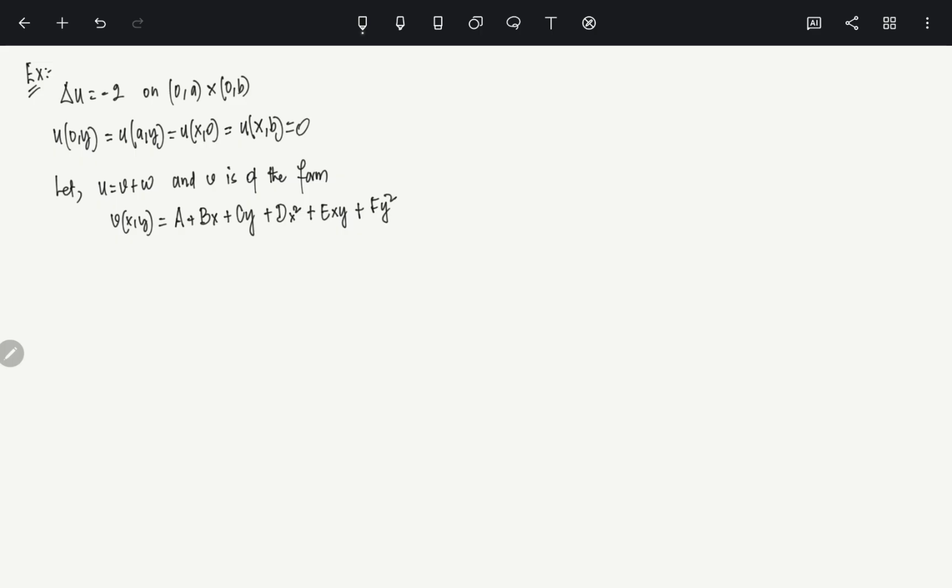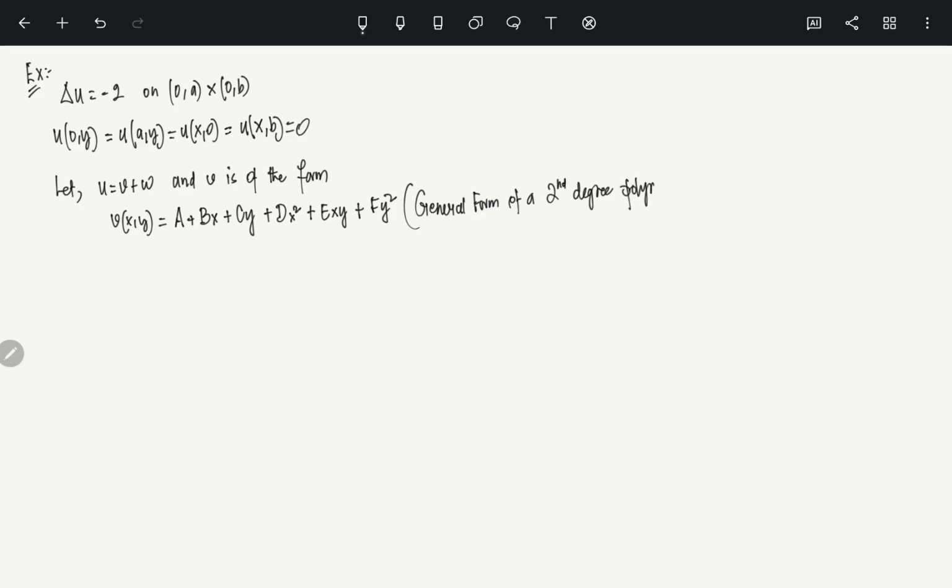Clear? So what is v? As I told you, it should be a second degree polynomial, right? Now I am writing this, the most general form of a second degree polynomial. So this is nothing but the general form of a second degree polynomial.